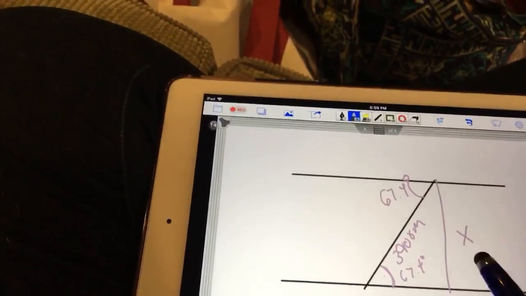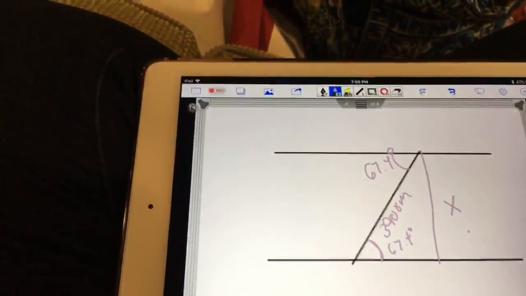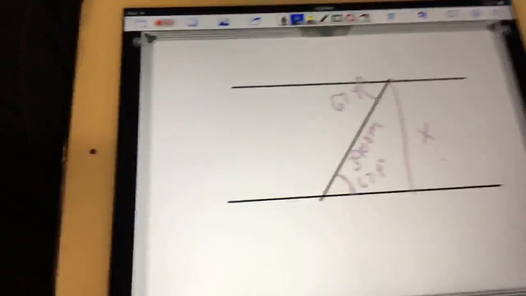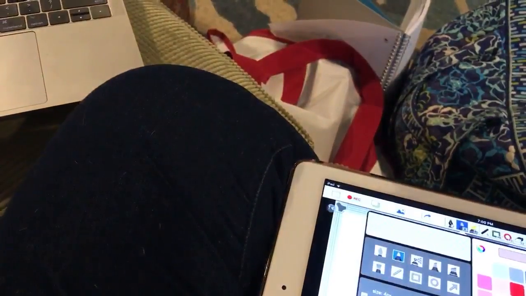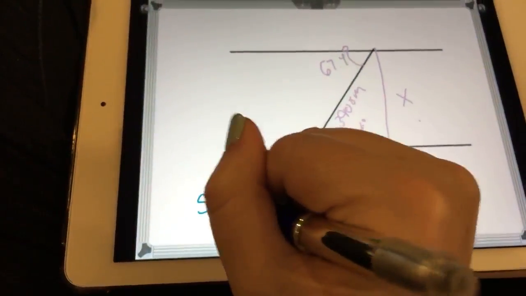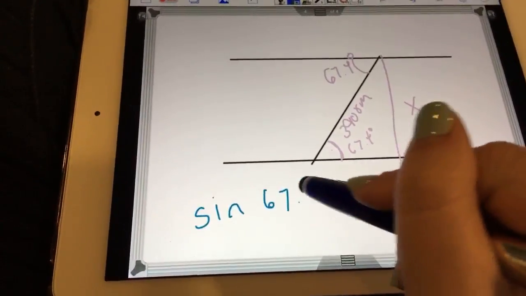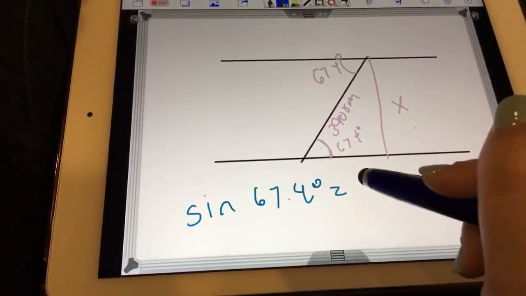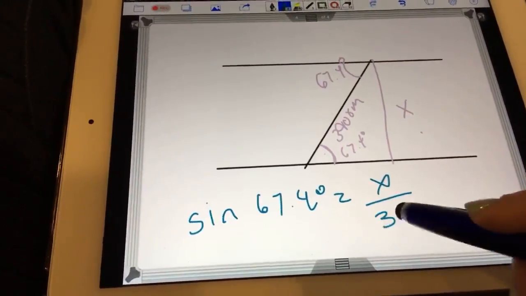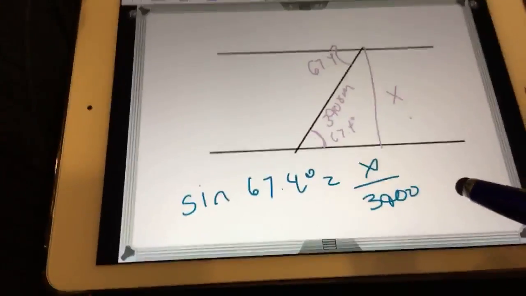We've got the opposite side and the hypotenuse, which tells us that that is going to be the sine. So we are doing sine of 67.4 degrees equals x over 3,900.